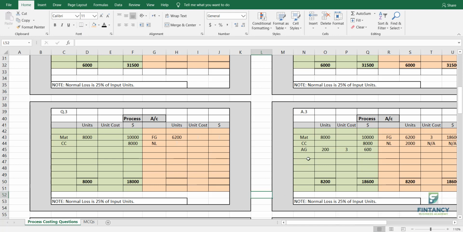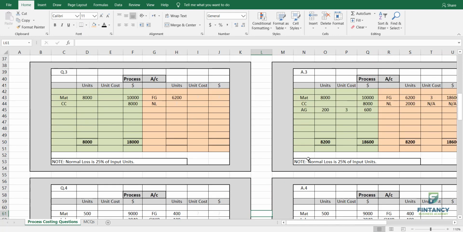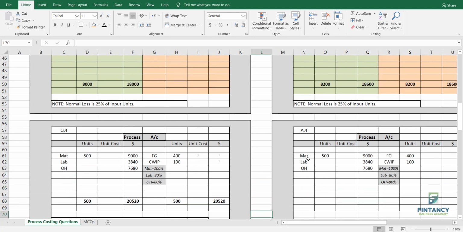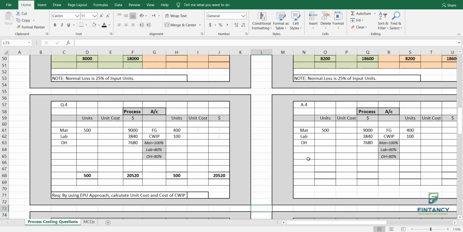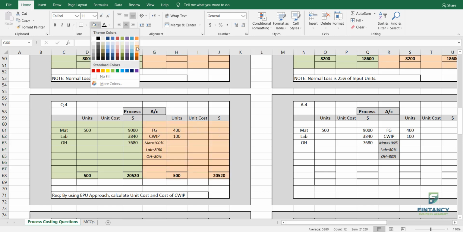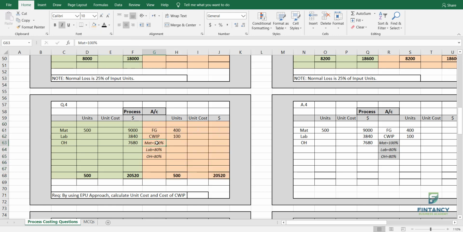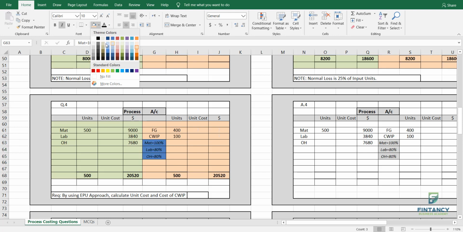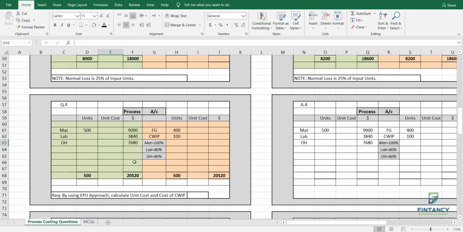Okay, so let us go to question number 4 now. Okay, now see, in question number 4, they are saying that the material is 500 units.